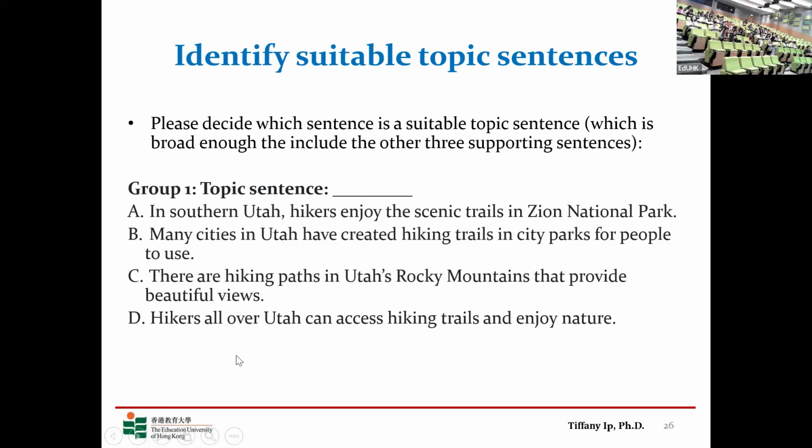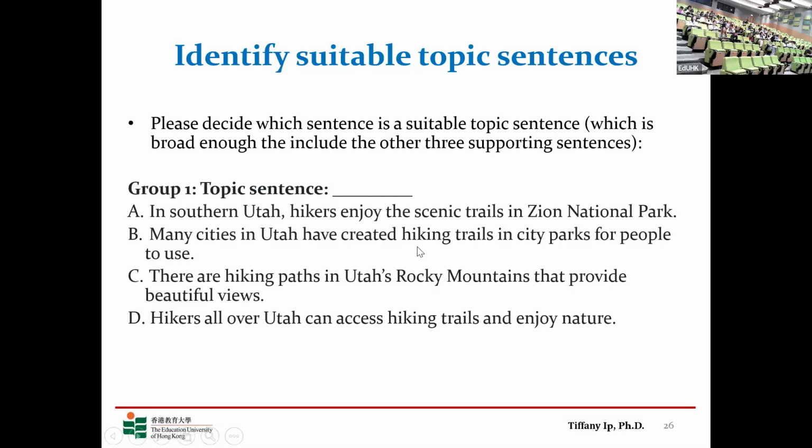And actually, D says hikers all over Utah. It's like different places of Utah access hiking trails and enjoy nature. And so these parts are being mentioned in A, B, and C. And so here actually you can learn a little bit from the answers, right? To see how much information you need to give in a topic sentence.